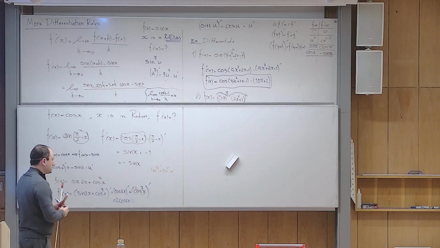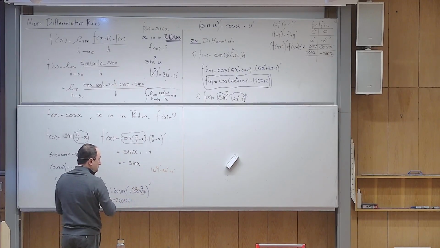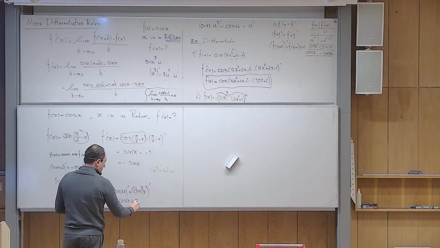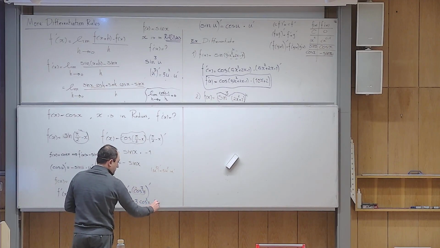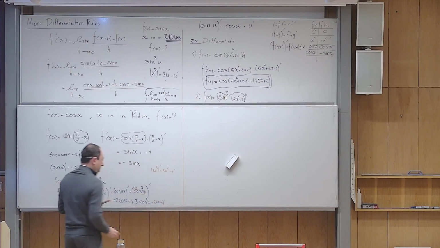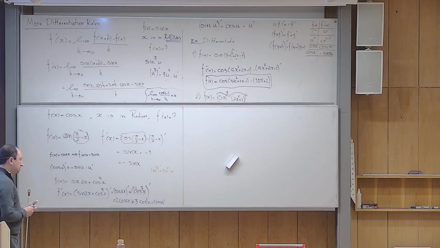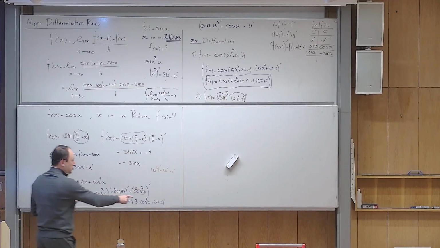So I will do the same thing here. So 3 goes down, and then u to the power 2, which is cosine to the power of 2 x. But it is not finished, because I have to multiply it by cosine x prime. It is not finished because there is one prime left, but this is exactly what we just learned.